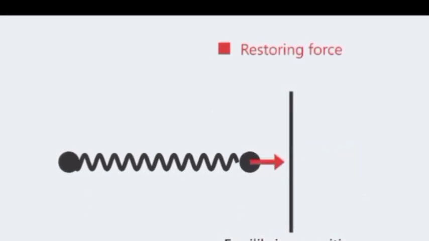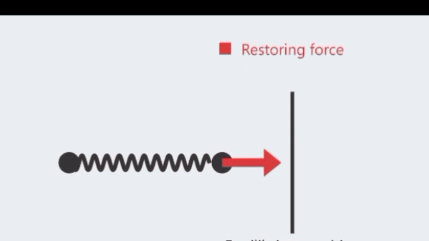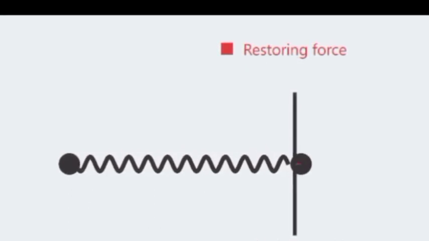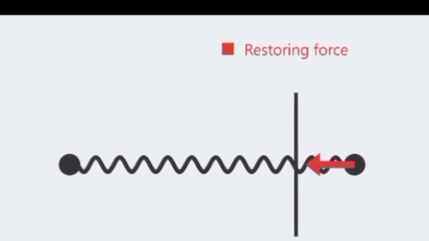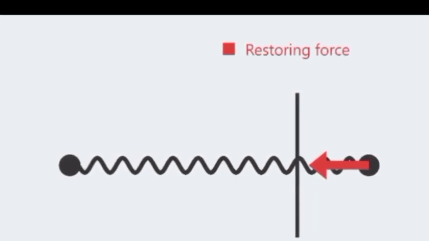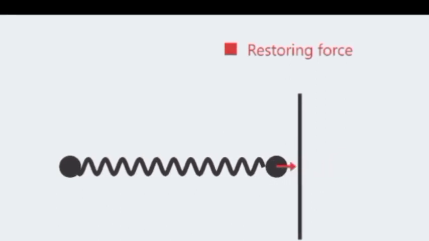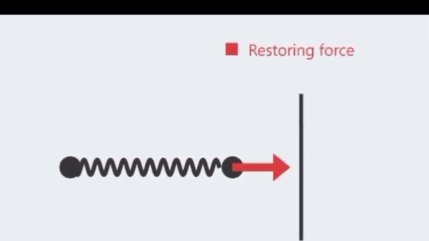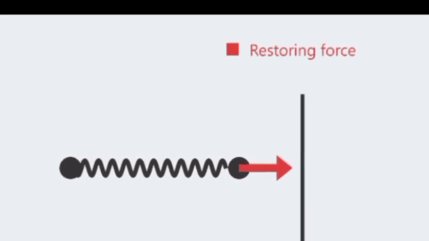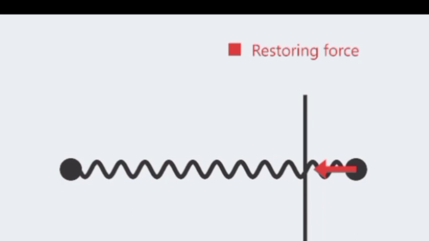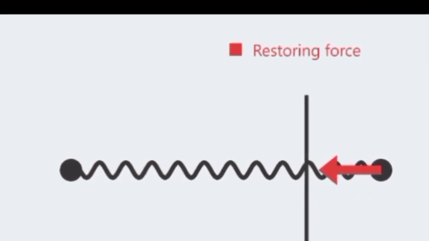And now when you leave the force, then what happens? It will come back to its original position. So again you extend, leave the force, then see the red mark, it will come back to its original position. This coming back to its original position is what we call restoring force, and that restoring force is called spring force. Is it clear? I hope you have understood this.